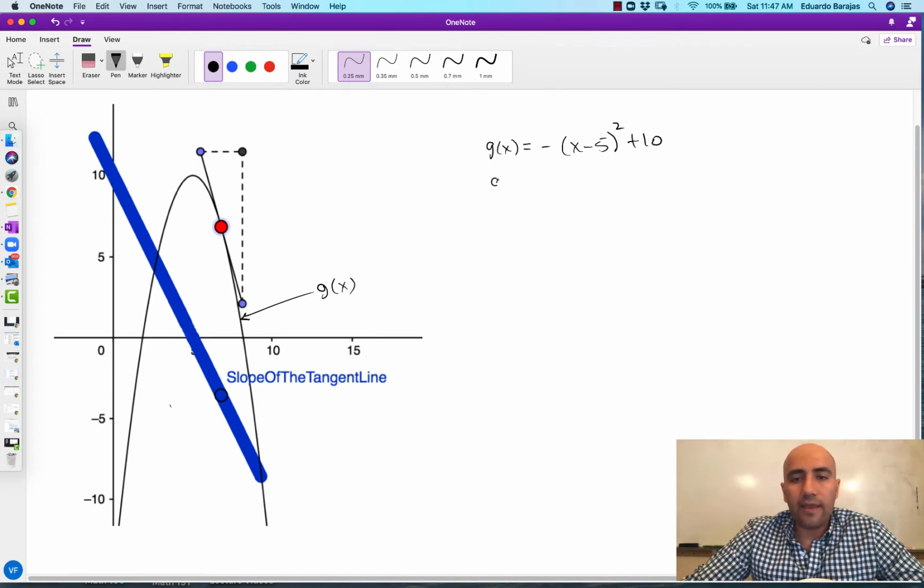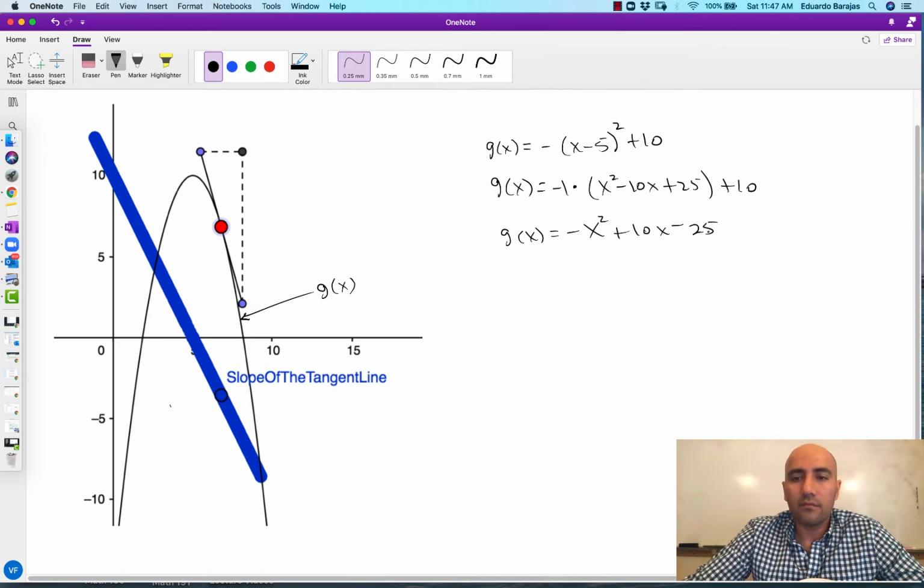Now, if we expand that out, we get negative 1 times (x squared minus 10x plus 25) plus 10. So g of x is equal to negative x squared plus 10x minus 25 plus 10. And if we combine those two terms at the end, g of x can be written as negative x squared plus 10x minus 15.